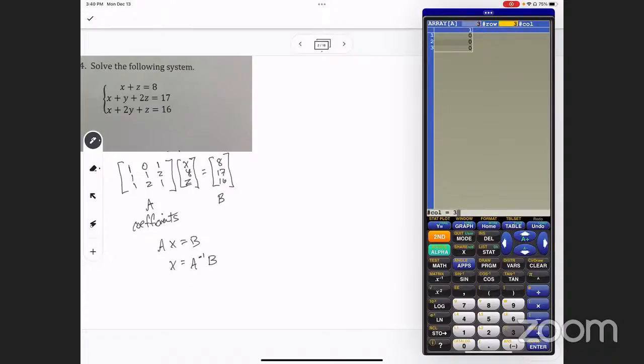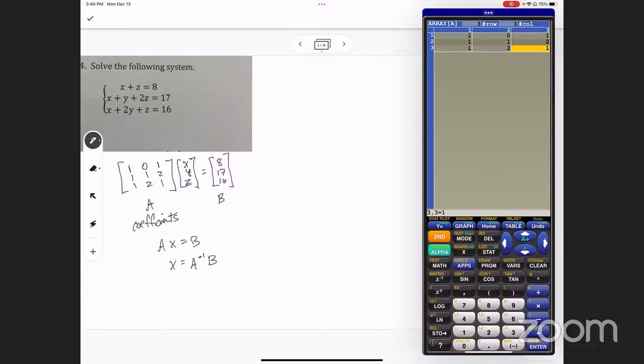So 3, enter, 3. See how it's a 3 by 3 matrix? Yeah. And then just literally plug in across: 1, enter, 0, enter, 1, enter. 1, enter, 1, enter, 2, enter. 1, enter, 2, enter, 1, enter. So there's my A matrix.